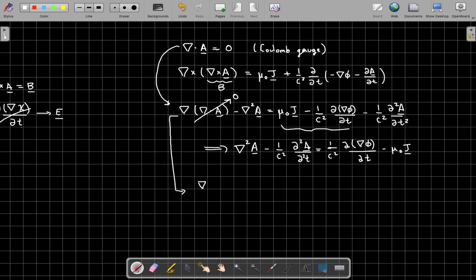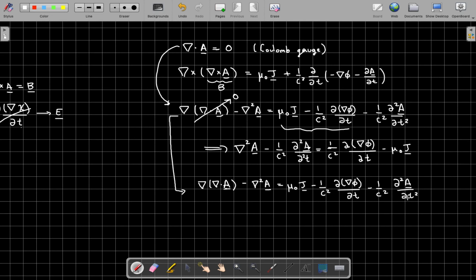So I get this is equal to mu 0 j minus 1 over c squared, there we go. So my question is, can I find a more suitable gauge?